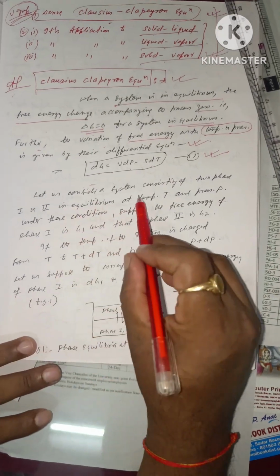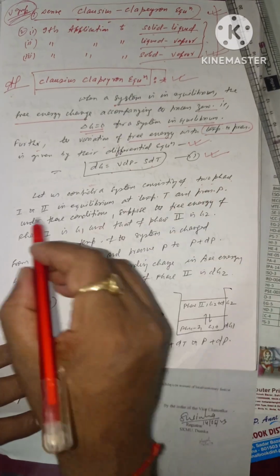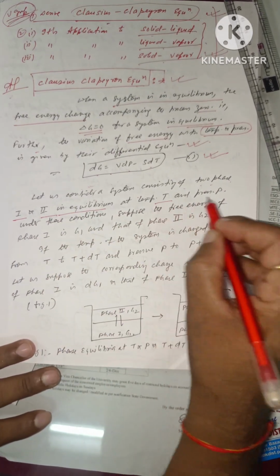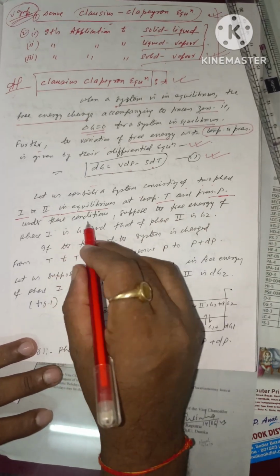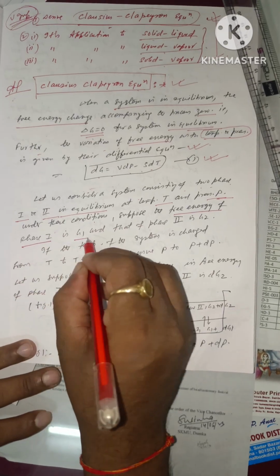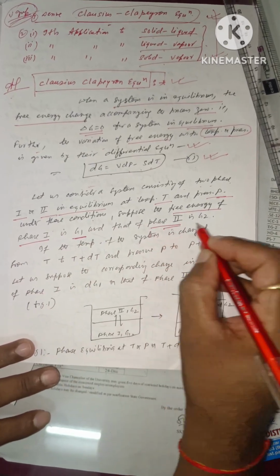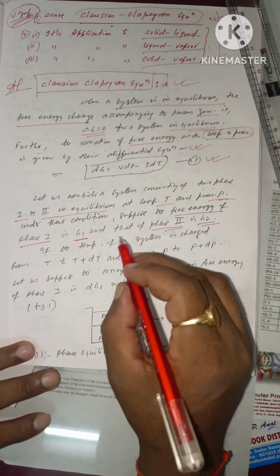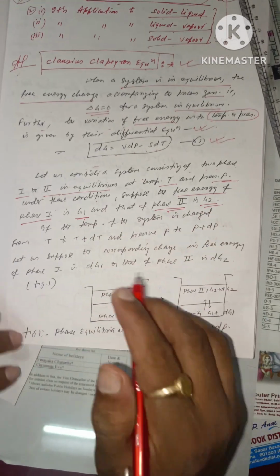Let us consider a system consisting of two phases, 1 and 2, which are in equilibrium at temperature T and pressure P. Under this condition, let the free energy of phase 1 be G1 and that of phase 2 be G2.